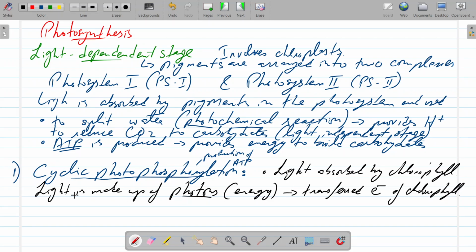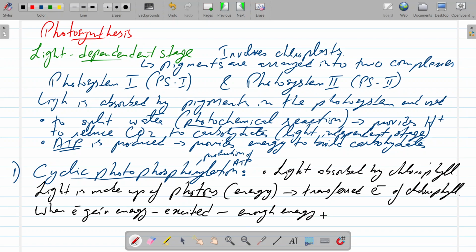Now, when the electrons gain energy, they become excited, right? High energy, so excitement, we can understand that. And if they gain enough energy, they actually leave the chlorophyll molecule.